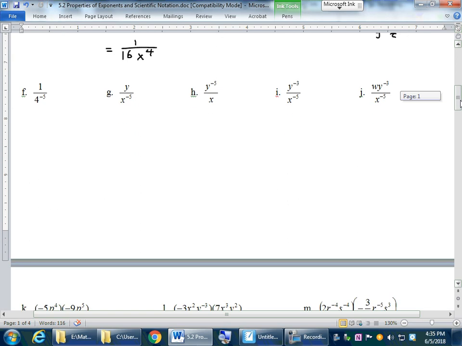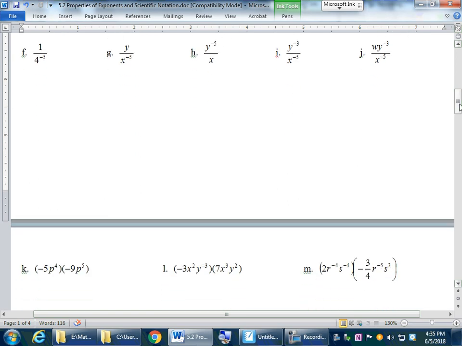Continuing with example F. Since 4 to the negative 5 is in the denominator, when you change to a positive exponent, that will move to the numerator. So it will become 4 to the 5th power, and then 1 times 4 to the 5th power.